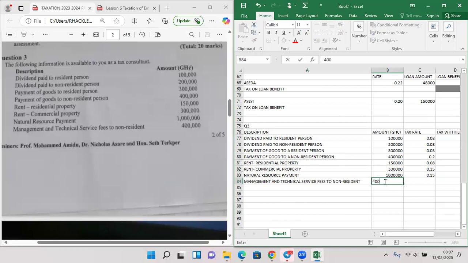Then it's 400,000. And then its rate is 10%.